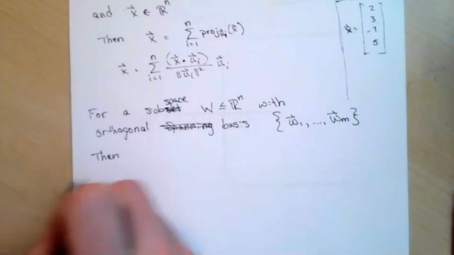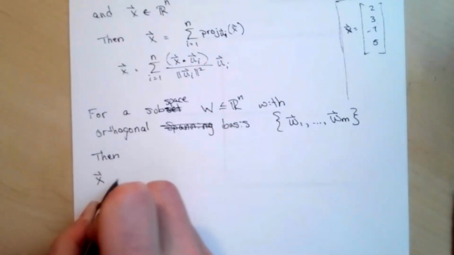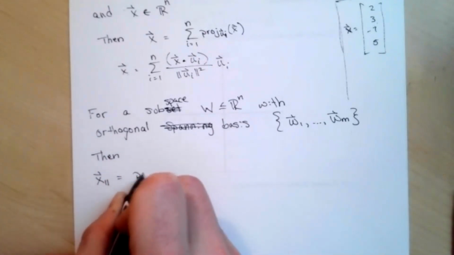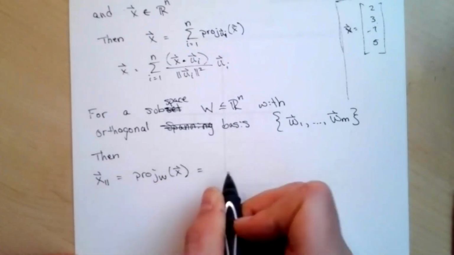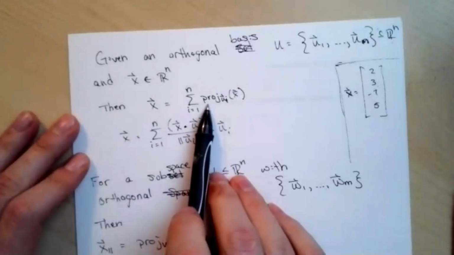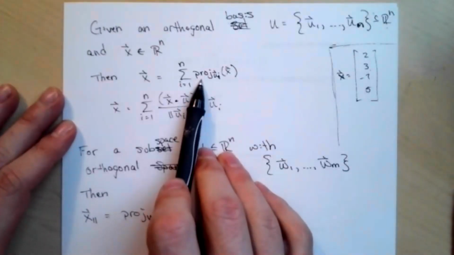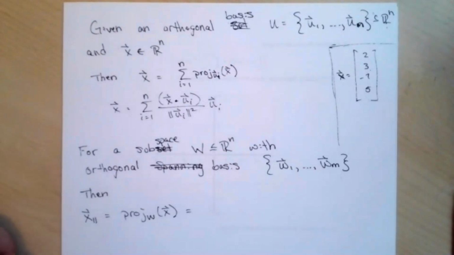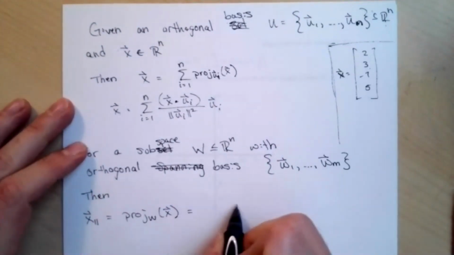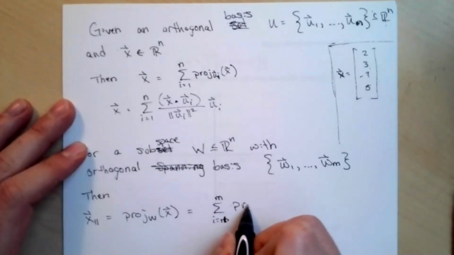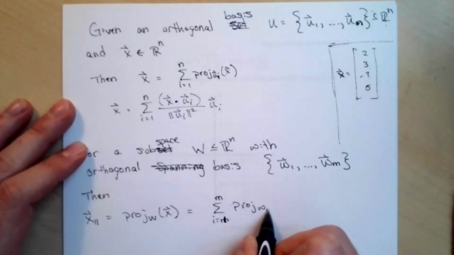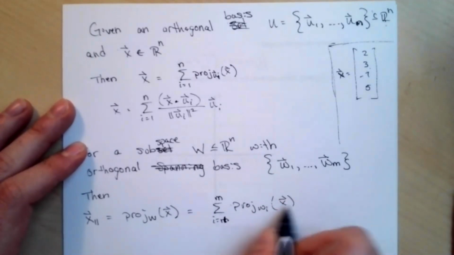Then we'll call it x parallel, or the projection onto W of x, is just going to be the components of x in those directions: the sum from i equals 1 to m of the projection onto Wi of x.